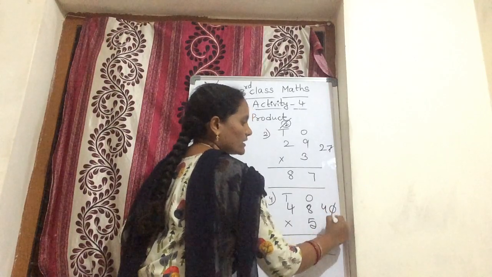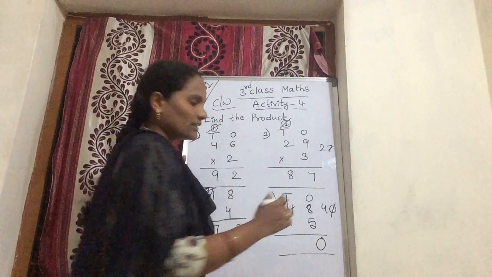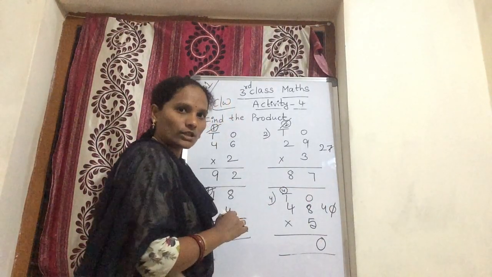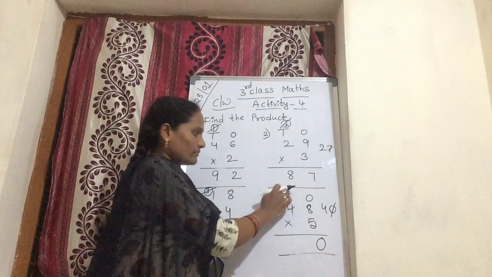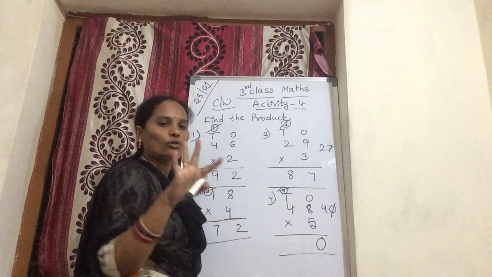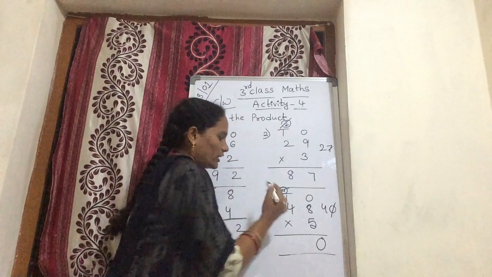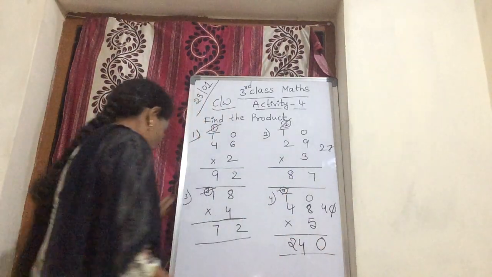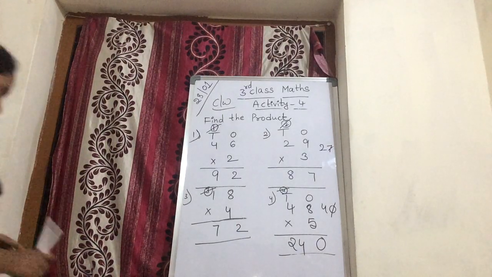In 40, the 0 is put in ones place, and 4 is carried over to tens. Okay, Amma. Now 5 4s are 20. 20 plus 4, you get 24. Your answer is 240. Write it, Amma.